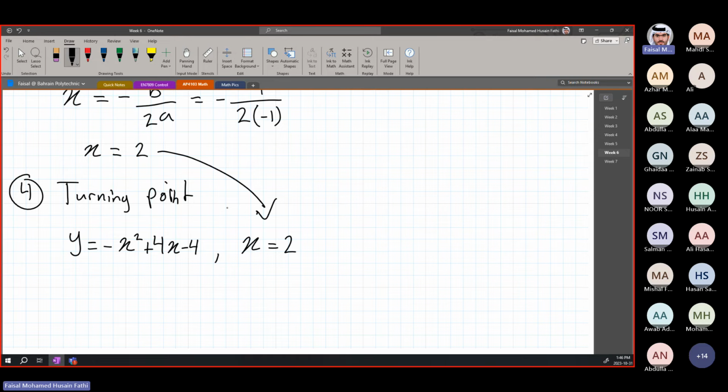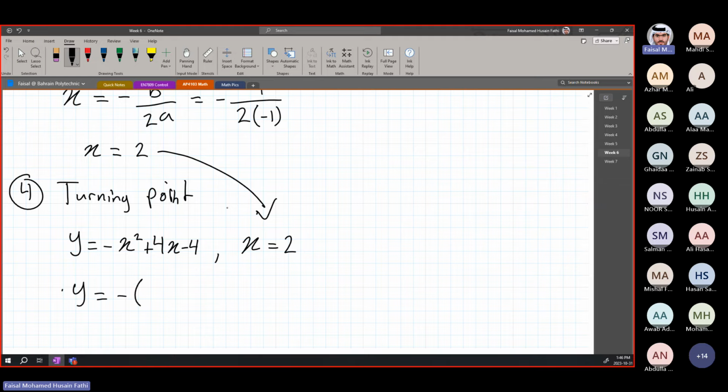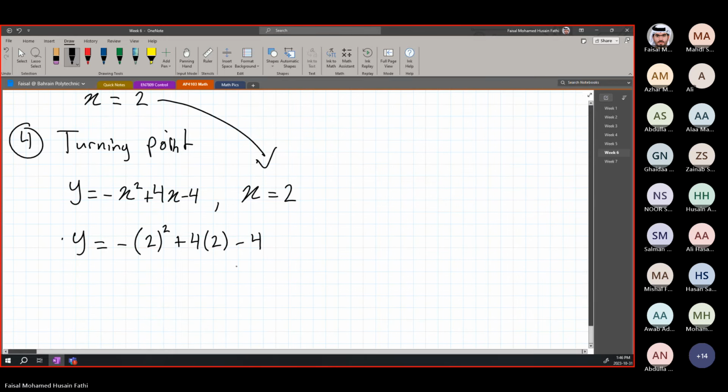We're going to substitute it back. So by substituting, y is equal to minus. Remember here, the minus is outside, okay? So parentheses, substitute for x, 2 squared plus 4 times 2 minus 4.